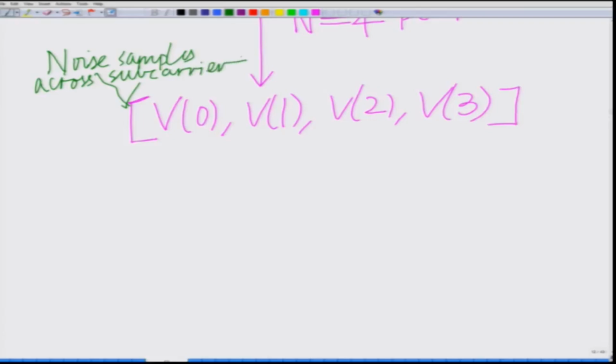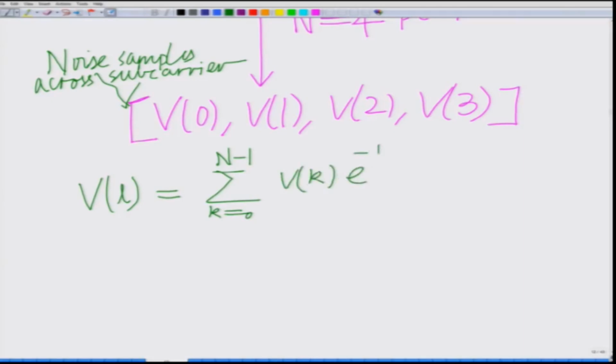These are the noise samples across the subcarrier, and of course, we have V of L, which is given by the FFT, that is summation k equal to 0 to n minus 1 of small v k, the noise sample, times e raised to minus j 2 pi k L divided by n. Substitute n equal to 4, and what you have is summation k equal to 0 to 3 of small v k e raised to minus j 2 pi k L divided by 4.